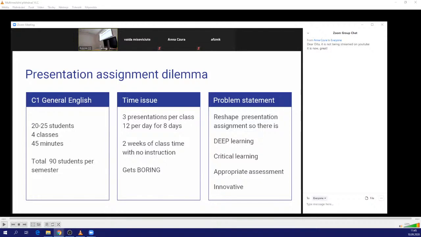And so that would mean that I would listen to about 12 presentations per day, and I would have to go for 8 days. That means 2 weeks of class time with absolutely no instruction. It was just listening to these presentations. And it was not only boring for me, but actually my students were getting bored towards the end of it.